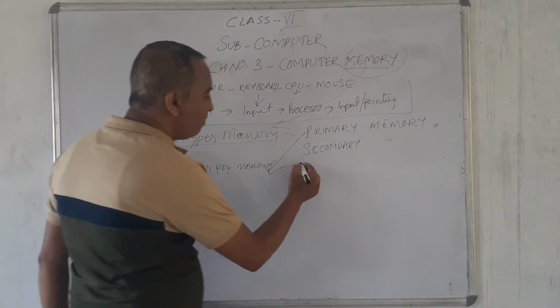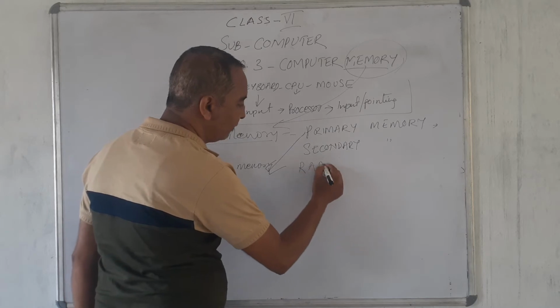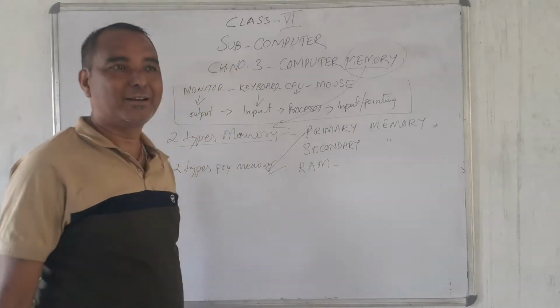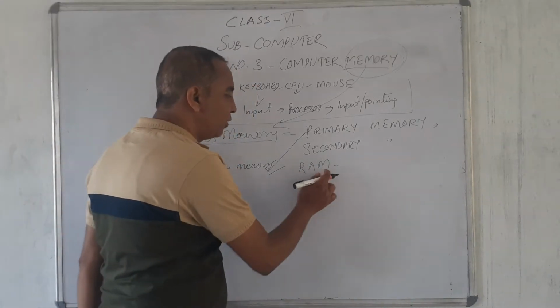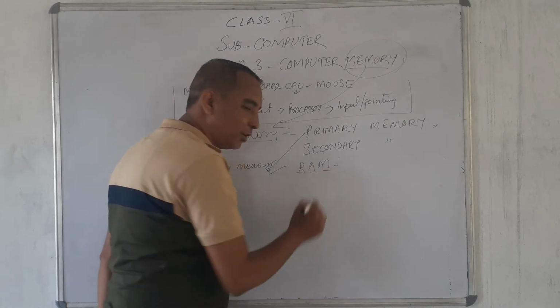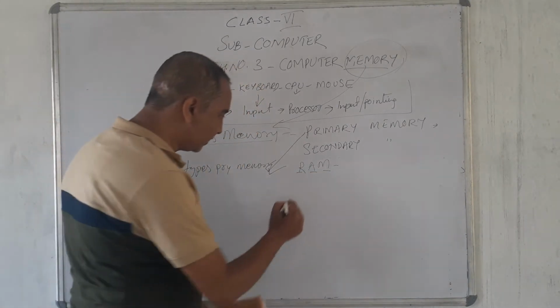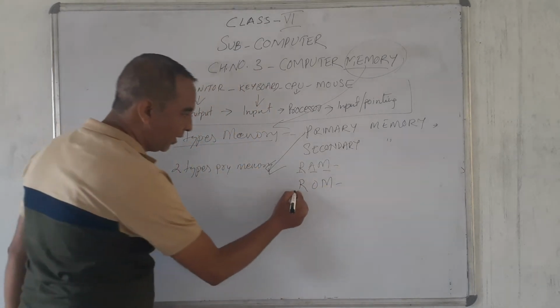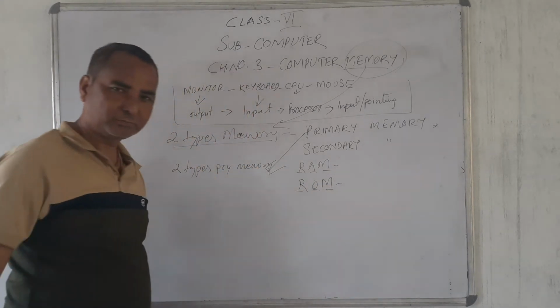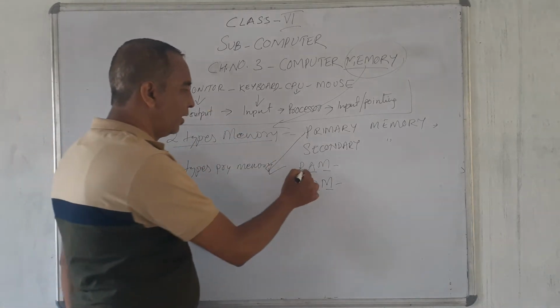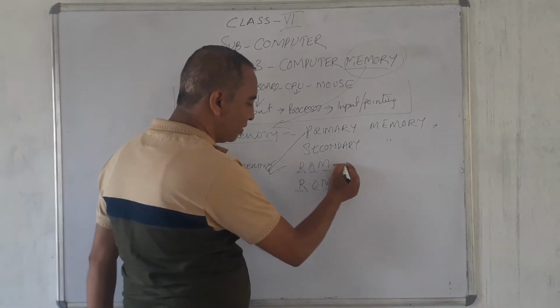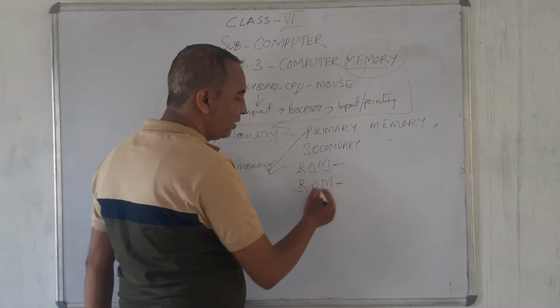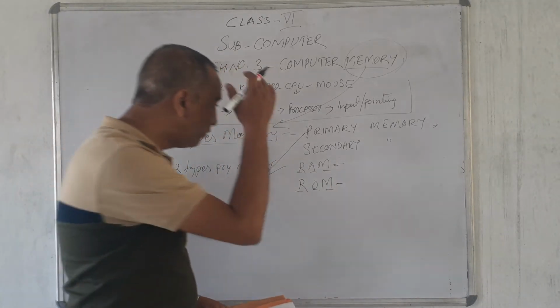RAM, that means random access memory. And next is ROM, read only memory. Keep in mind this thing. RAM means random access memory. ROM means read only memory. Now the differences between these two.